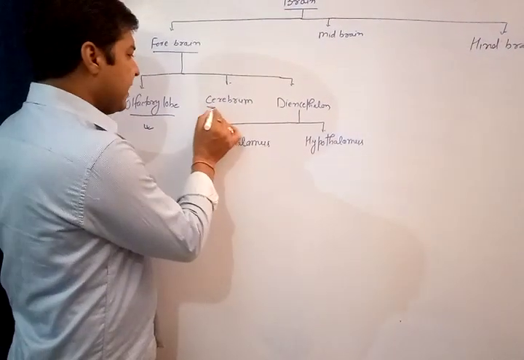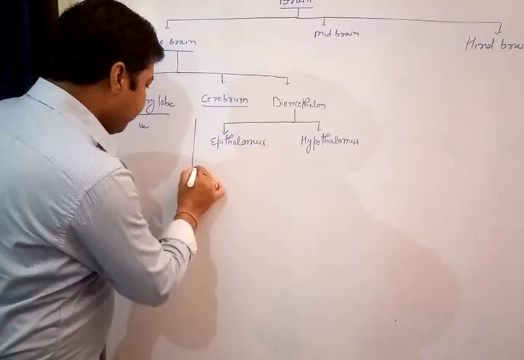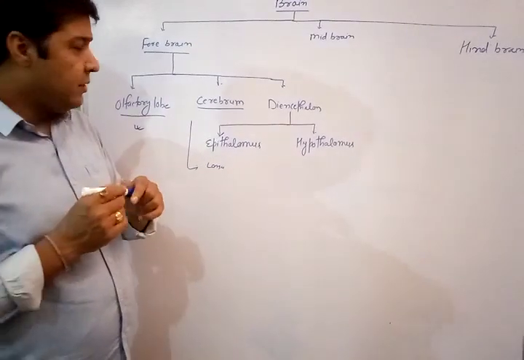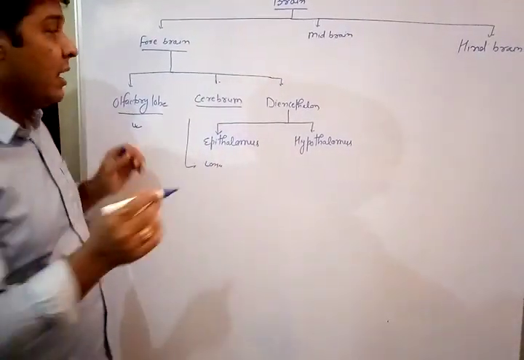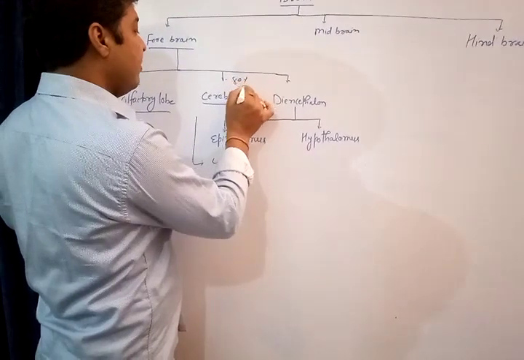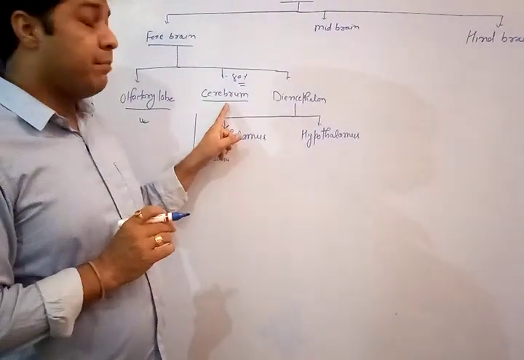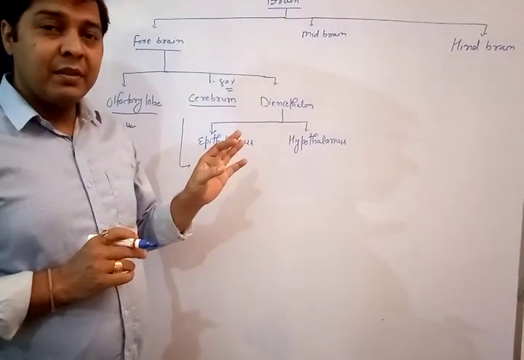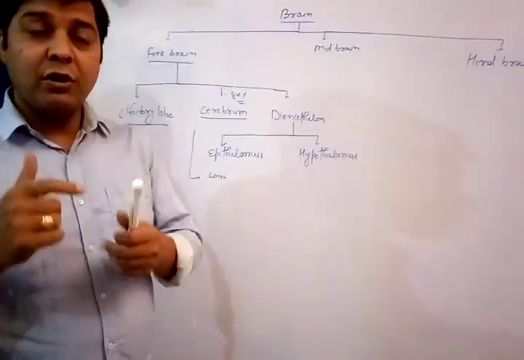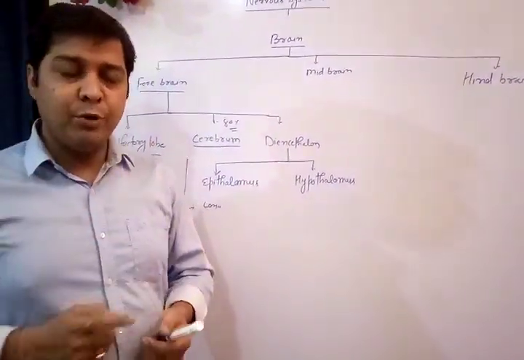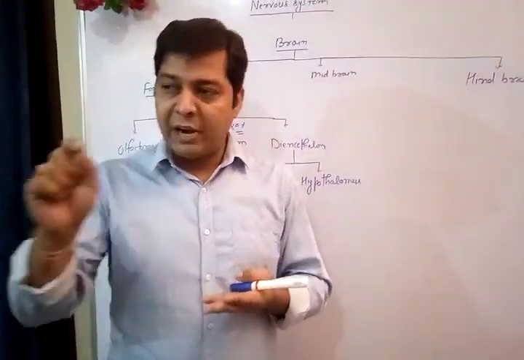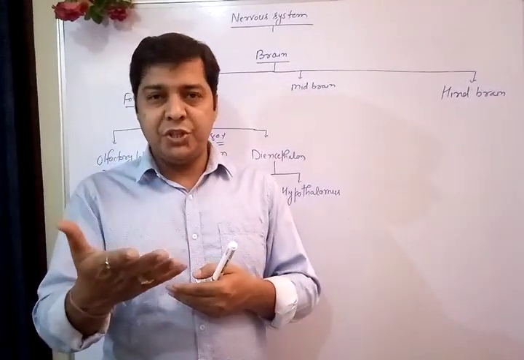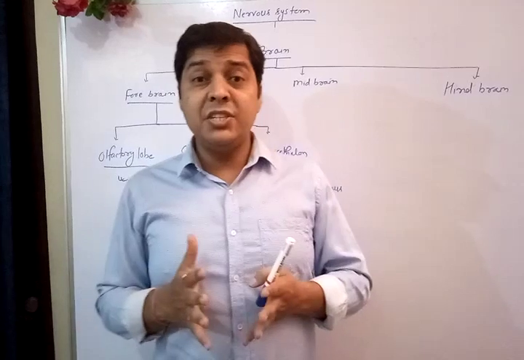Now if I talk about the cerebrum, the cerebrum is the largest part of the brain. That is very important. Almost 80% of the total brain is occupied by the cerebrum, and it is responsible for all kinds of skills. Learning, writing, thinking, giving speech, memorizing things, making decisions.